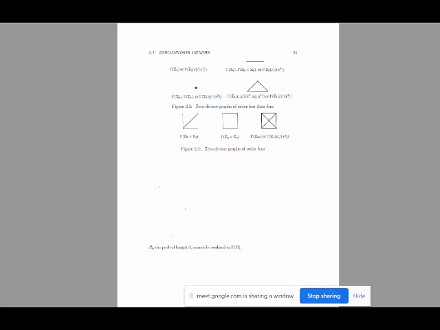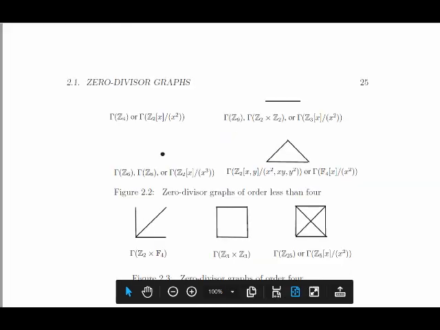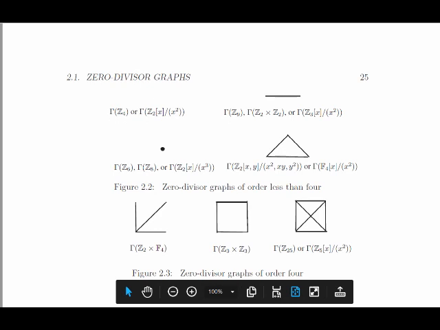Here are some, let me make this bigger if I can, to see. Okay.